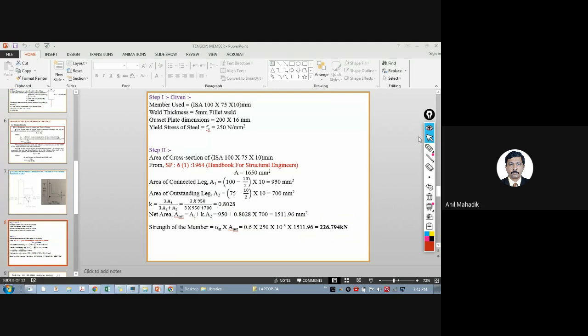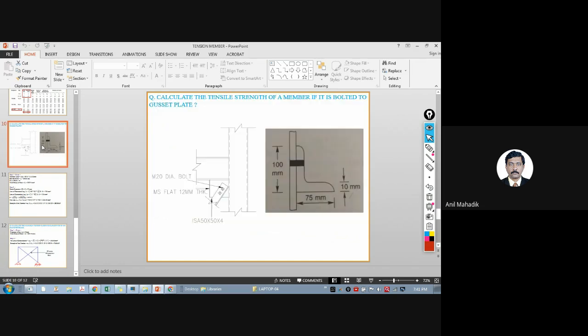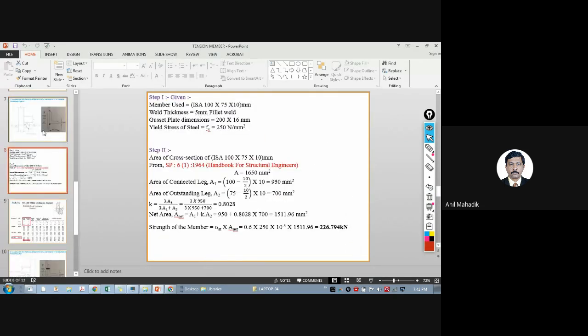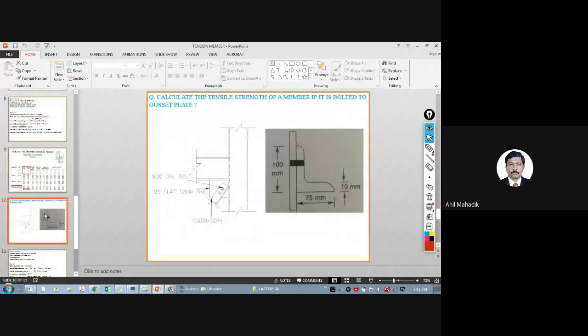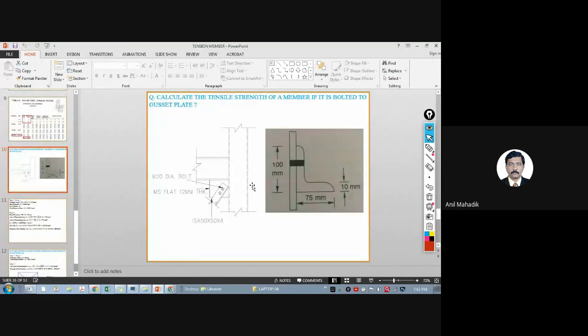Next one is the... Now the problem is little different here. So instead of welding, we are putting the bolts here for this connection. Now, what will happen in this case? Tell me.